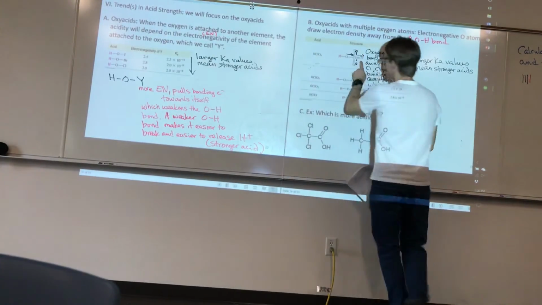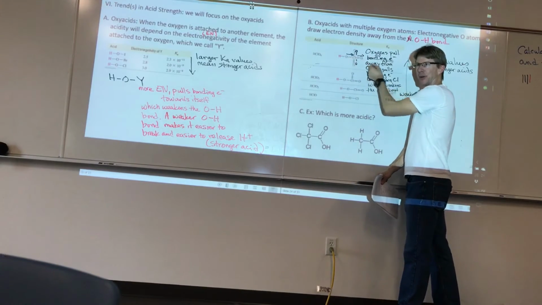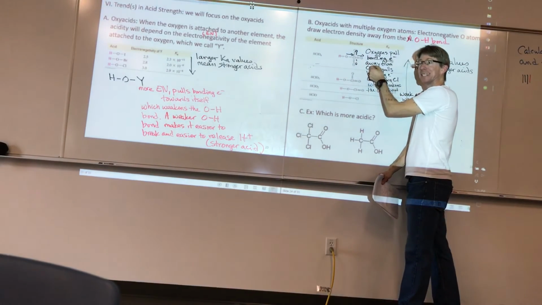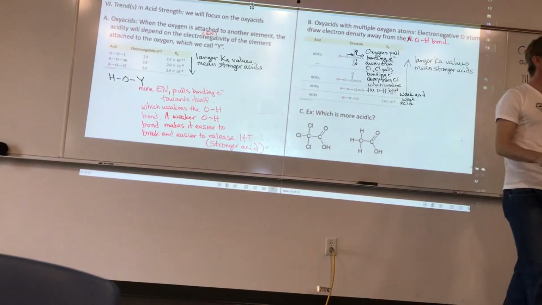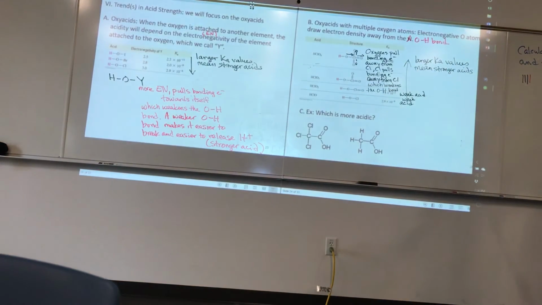Now, two atoms away can pull. And so what we're seeing is that what makes an acid strong and weak is the bonding of the atoms around it. So does that answer your question?